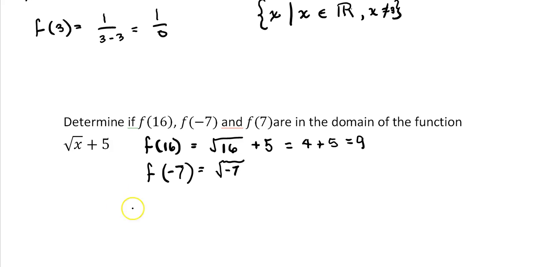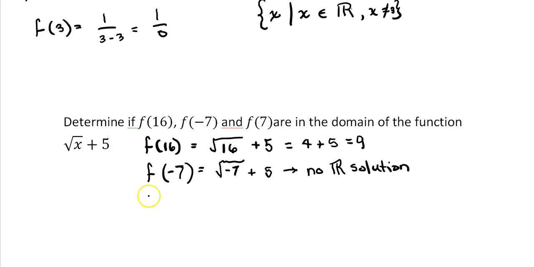Generally speaking, at this point, we would talk about the fact that there's no real solutions. For the moment. We will get into complex numbers and deal with imaginary numbers at some point in the near future, but for the time being, we're going to go with the fact that there's no real solutions.